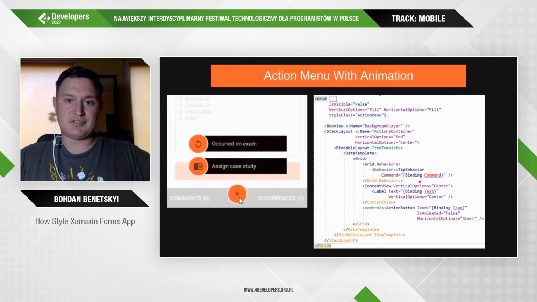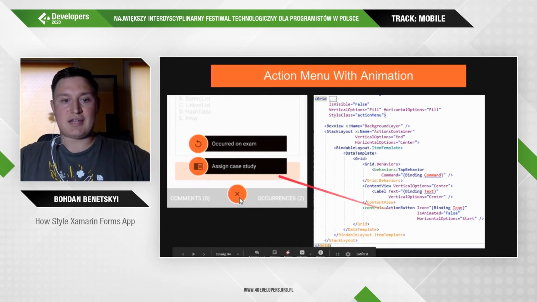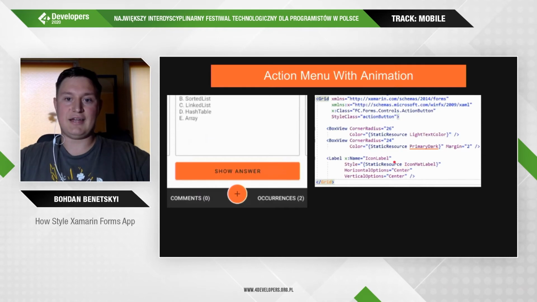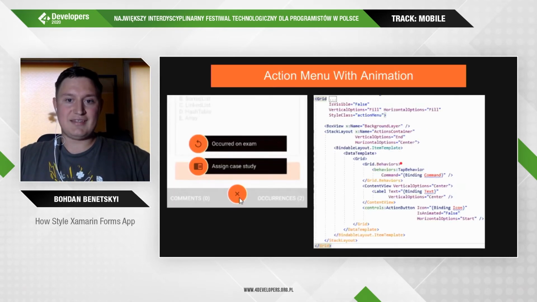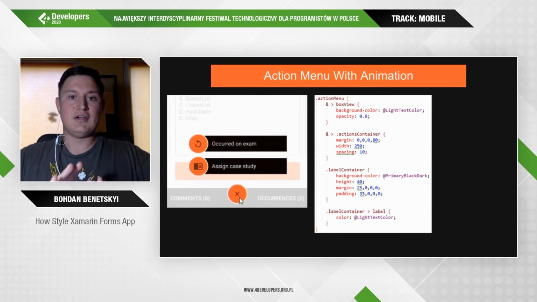Menu done is pretty simple. It has a couple of behaviors for tapping on them instead of invoking a command in code behind, and also has an action button on the left, just the same action button with a different icon, because we bind the icons from code behind. Also, you may see that here in the XAML code, we don't see any styling of it. All thanks to CSS. Here you can see the less code for the template.